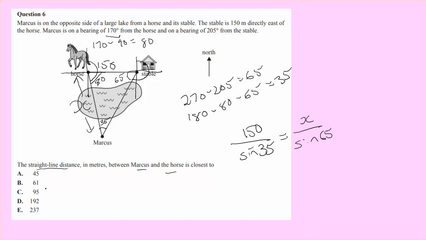You can solve that on your calculator using your solve function, or you can cross multiply, up to you. We're going to get x equals 150 times sine 65 all over sine 35.